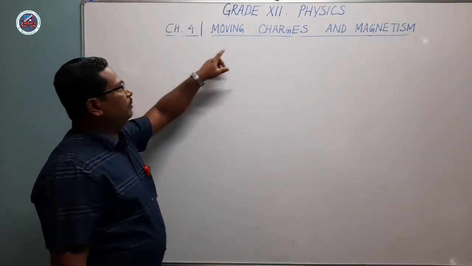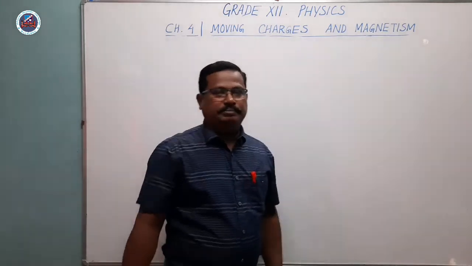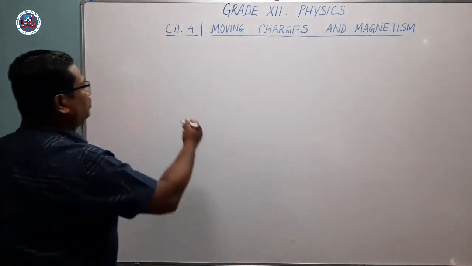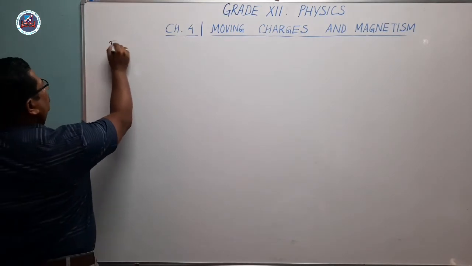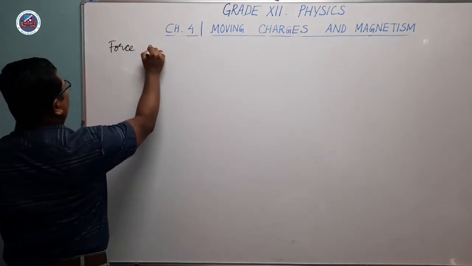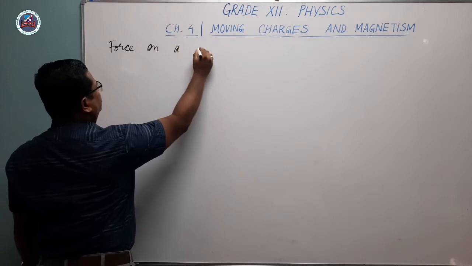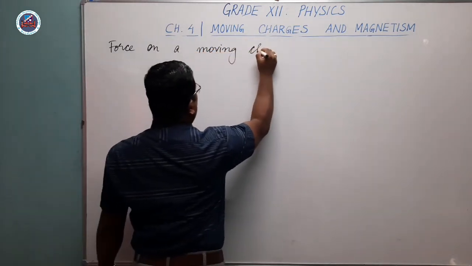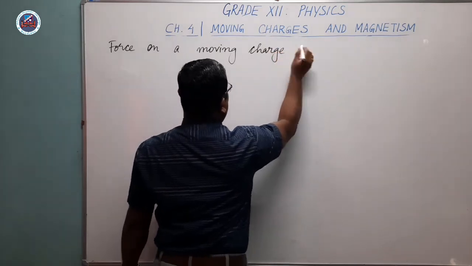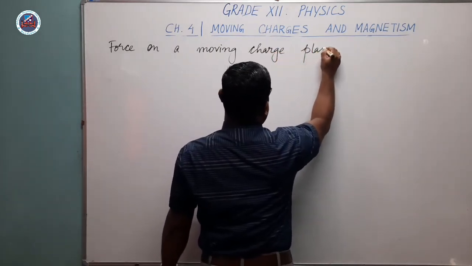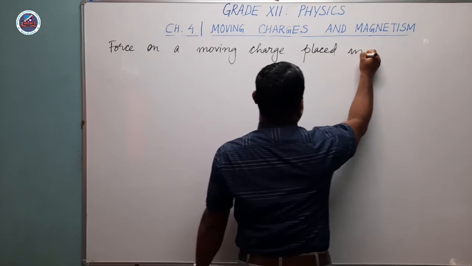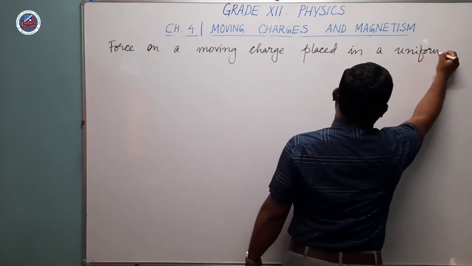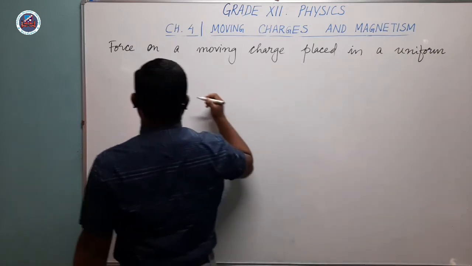In chapter 4, that is moving charges and magnetism. Today we are going to learn about force on a moving charge placed in a uniform magnetic field.